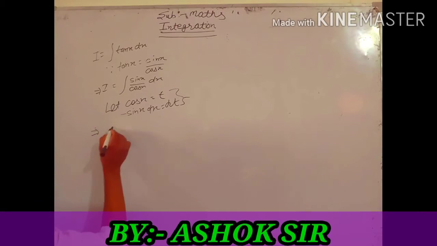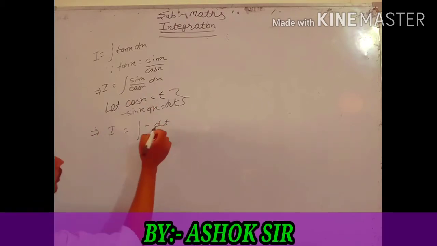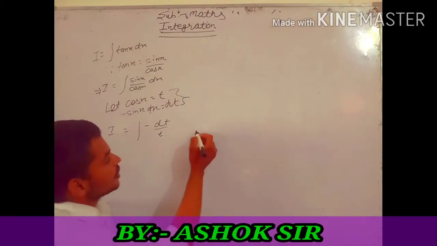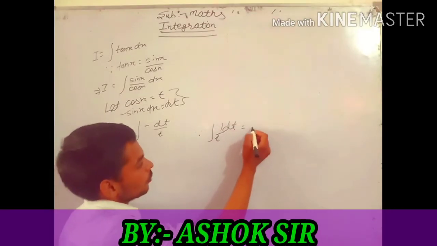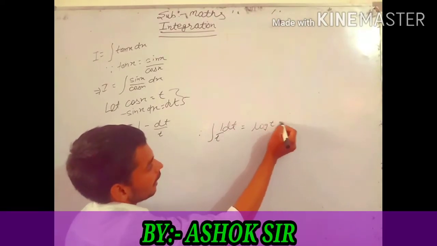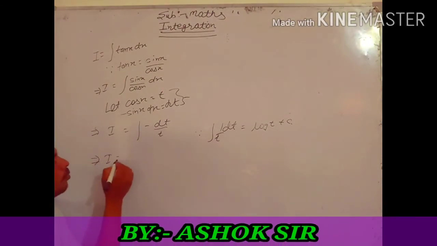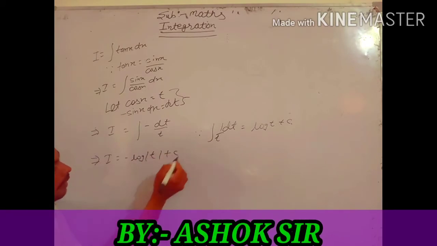So I is equal to integration of minus dt upon t. We know that integration of 1 upon t dt is equal to log t plus c. So I is equal to minus log t plus c.